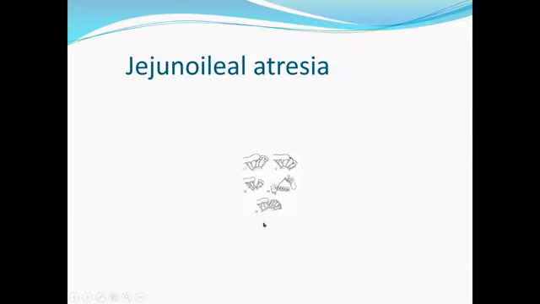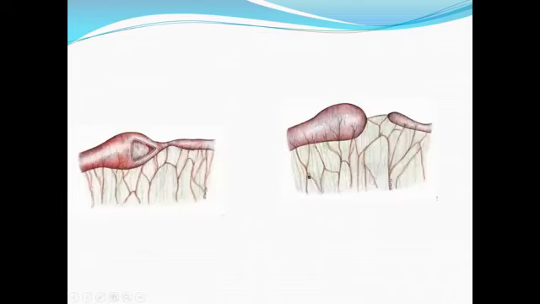These are some pictures showing jejunal atresia. This is the same as I showed you earlier. This is another example, another type, showing a diaphragm or web within the lumen of the intestine, which may also create obstruction.